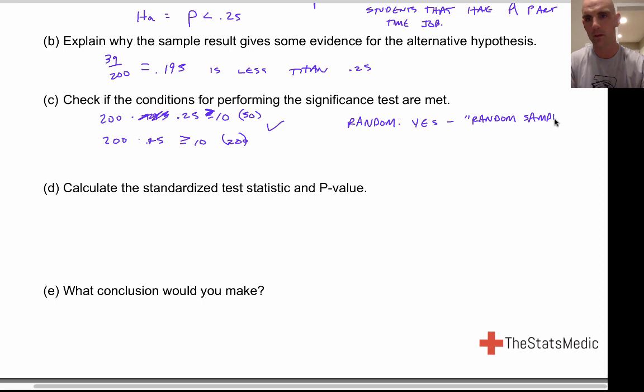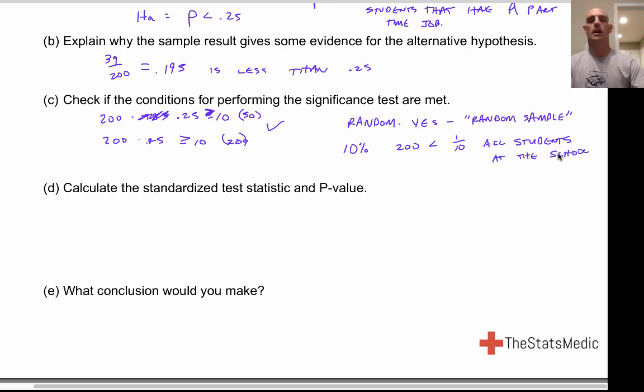So then we want to see if the 10% condition is met. So we're going to evaluate our sample size. What we have is that there are 200, and we're going to say that that's less than 1/10 of all students at the school. And how do we know that?